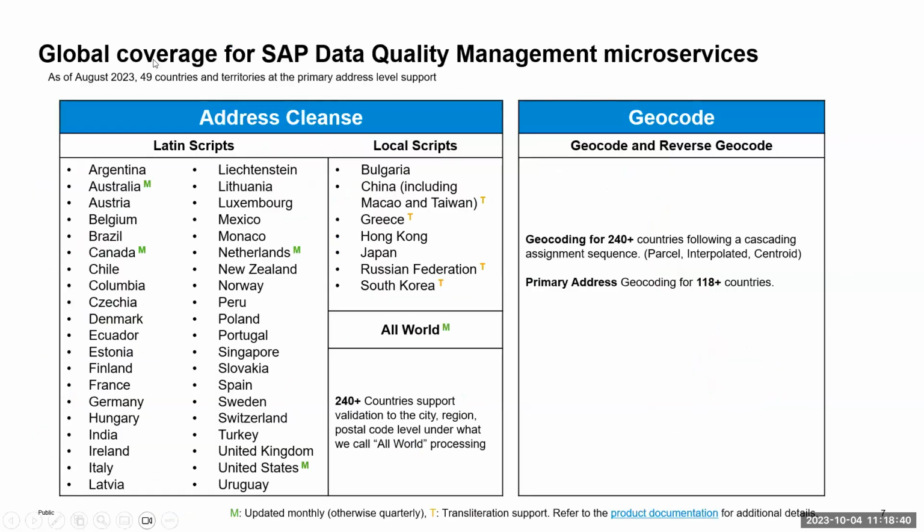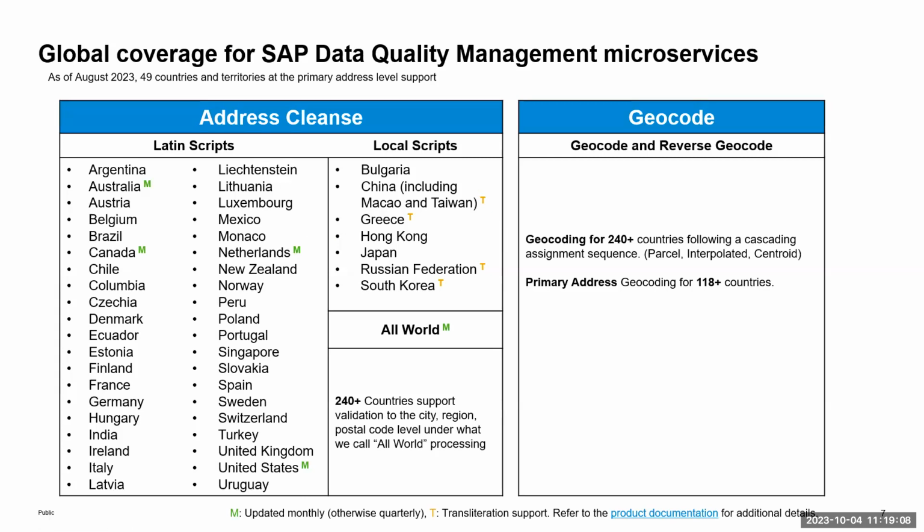Just want to touch base with this global coverage for the service. We have support for globally 240 plus countries, but for the primary address level support, which will be the house number level or higher, it will be these list of countries for address cleanse. It will be the 49 countries at this time, and also support the local scripts for these countries.